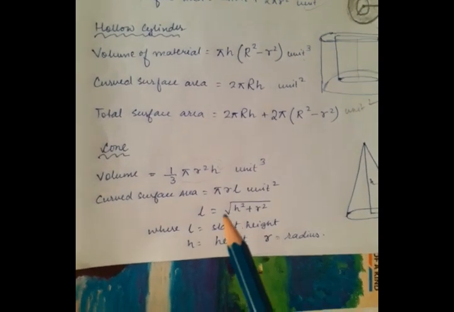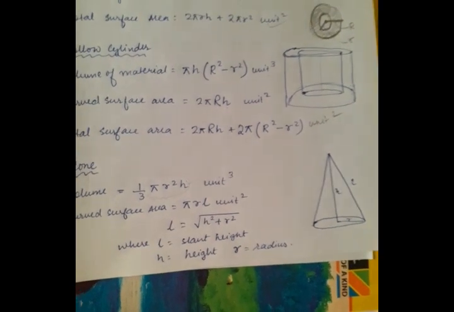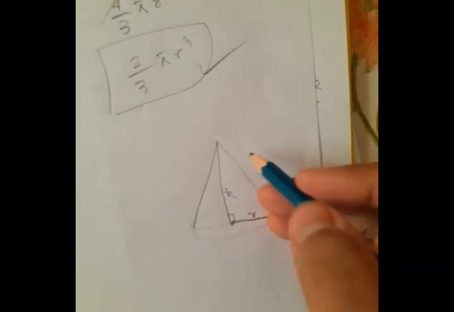The value of L will be calculated by the Pythagoras formula like this. It is a kind of triangle, here it becomes the r, and this is the height, the perpendicular distance. It forms a right angle triangle, so this is the height, and this becomes the slant height.